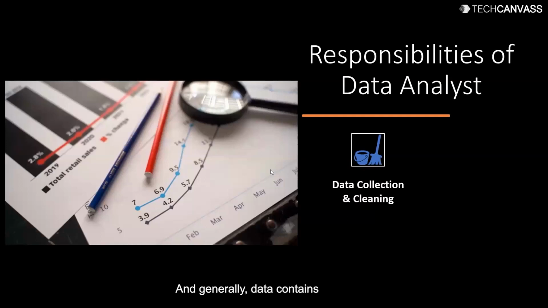Generally, data contains numerous errors, which can be duplicates, for example. So cleaning the data can be done in an Excel sheet, as I said, by using Excel functions, or it can also be done using a programming language like Python. We have software programs as well that can be used to clean the data.